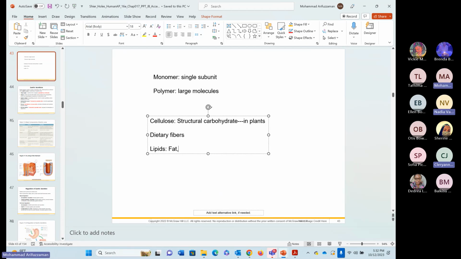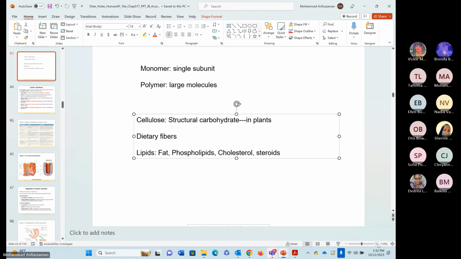We have the fat, fatty wax, the phospholipid, cholesterol, steroids. So the fats, phospholipids, cholesterol, steroids, these all are lipids.